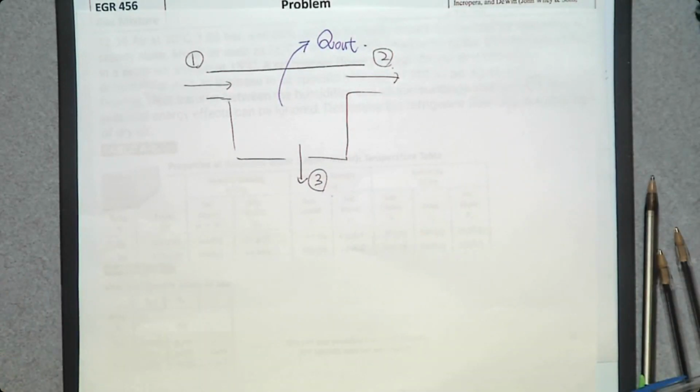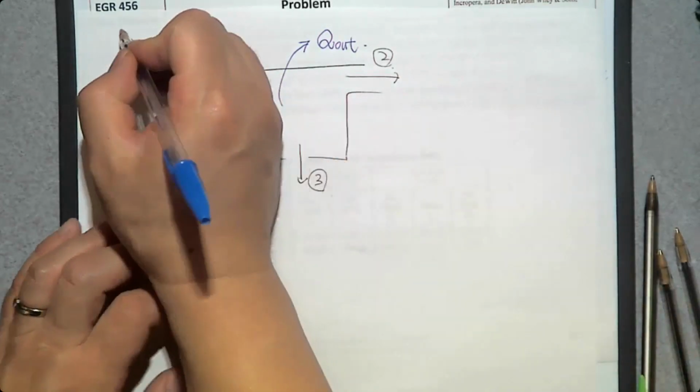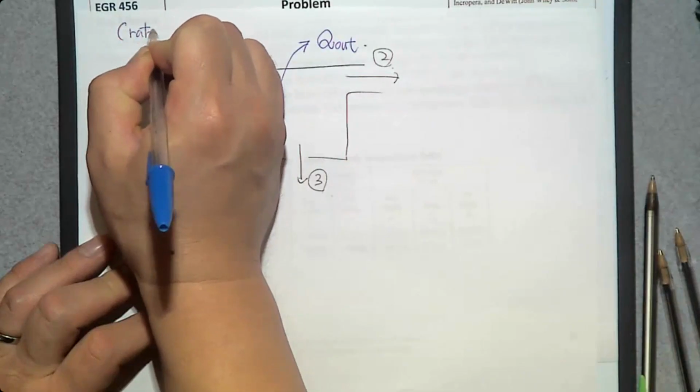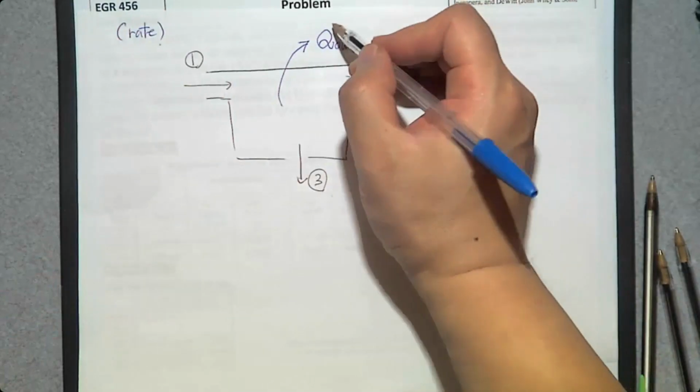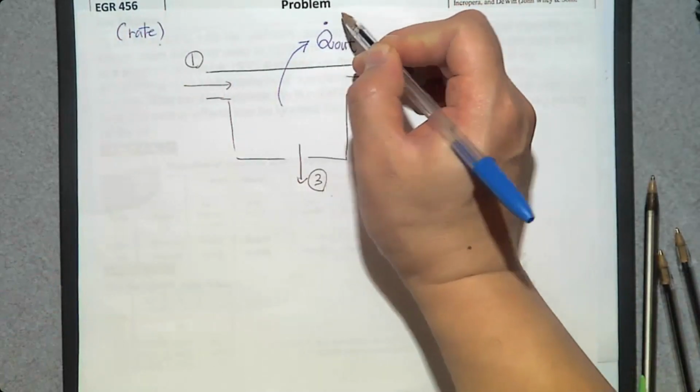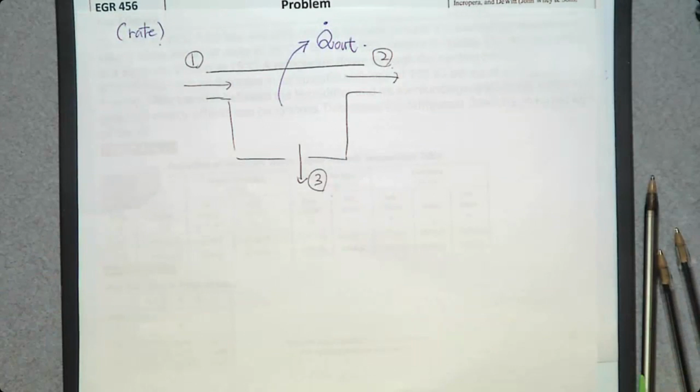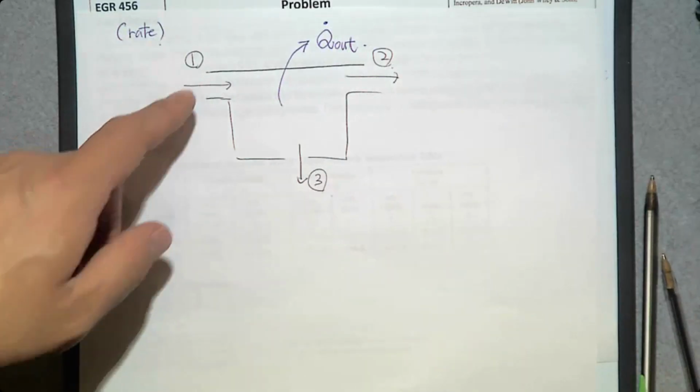If it is a steady state dehumidifier, we can use a rate form. Instead of mass, we can use mass flow rate, m dot, and we can use q dot instead of q. Then we have a mixture of dry air and water vapor at the inlet number 1.